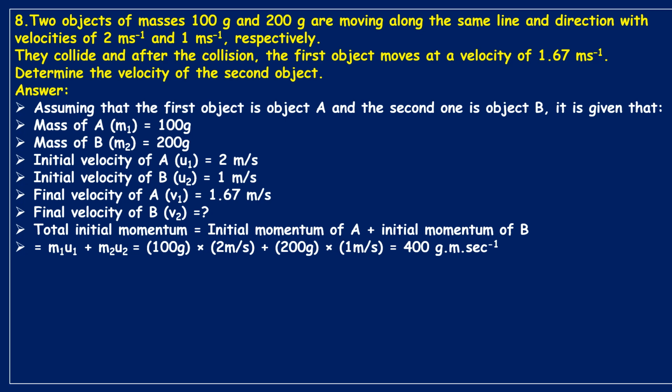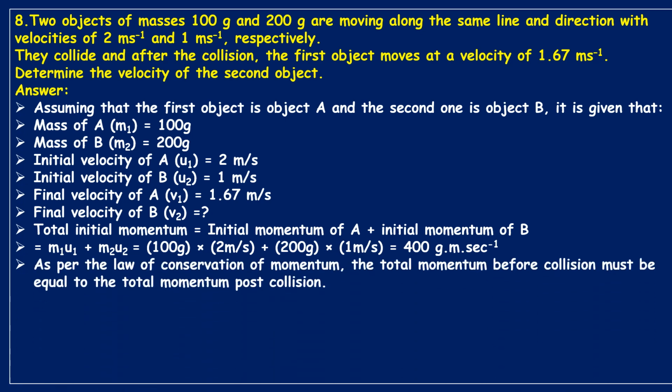So 200 gram meters per second plus 200 gram meters per second. Finally, you will get 400 gram meters per second. This is the total initial momentum for both objects.